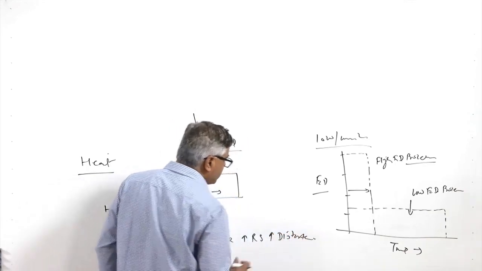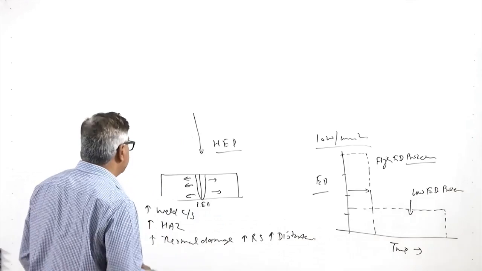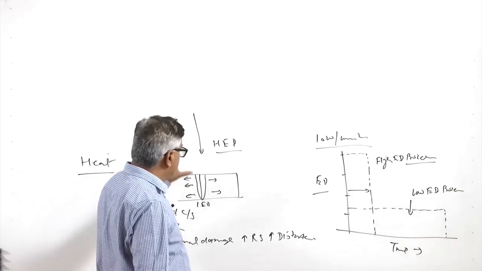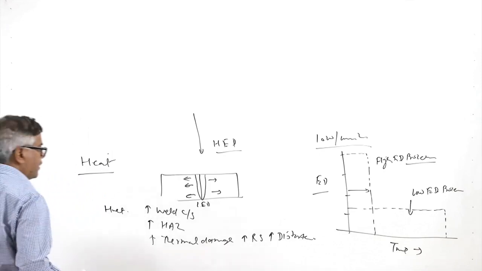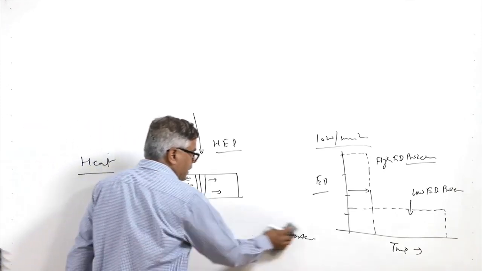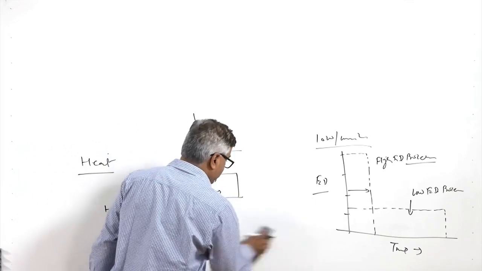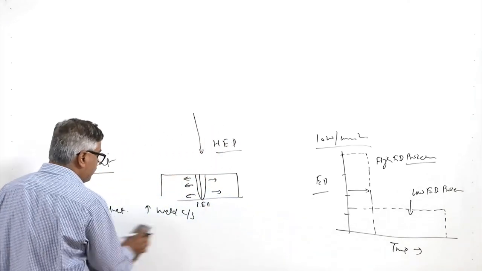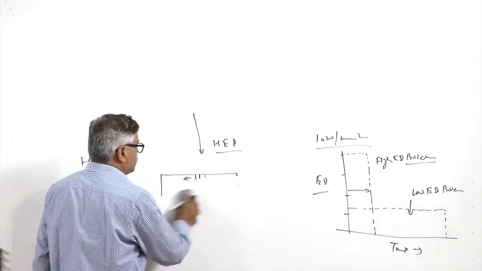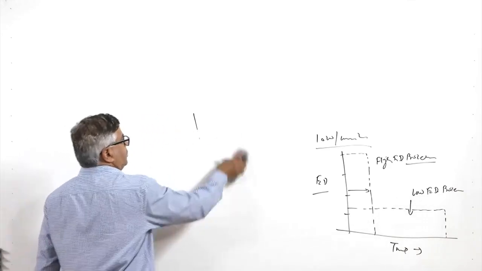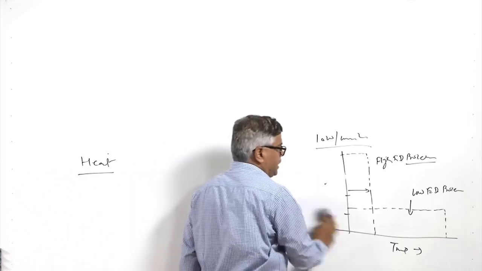So all these problems will be more. It is always good that the joint is made using as little heat as possible for facilitating the fusion, and for this purpose high energy density processes offer much better results in terms of the thermal damage to the workpiece due to the application of heat.